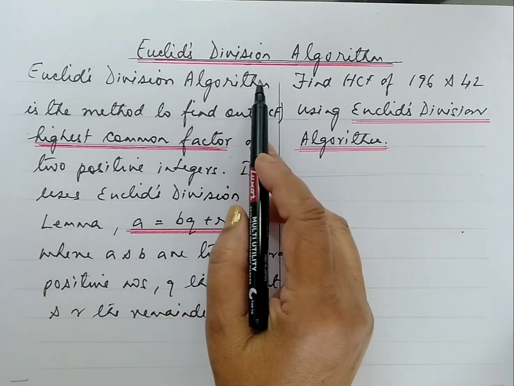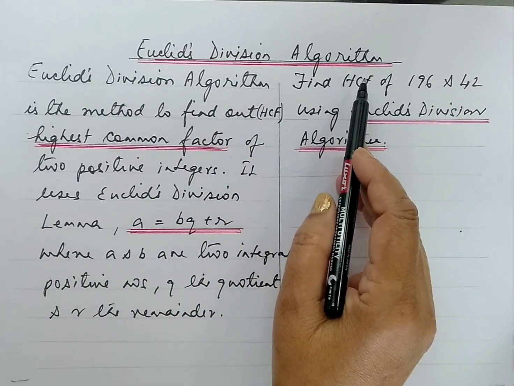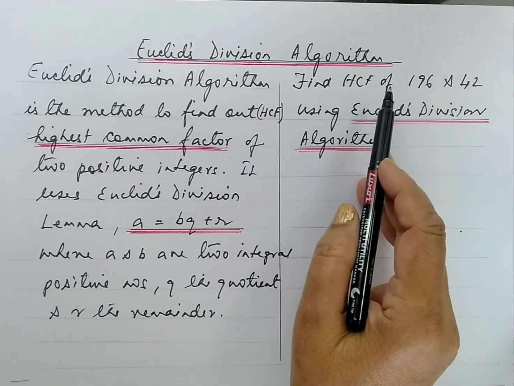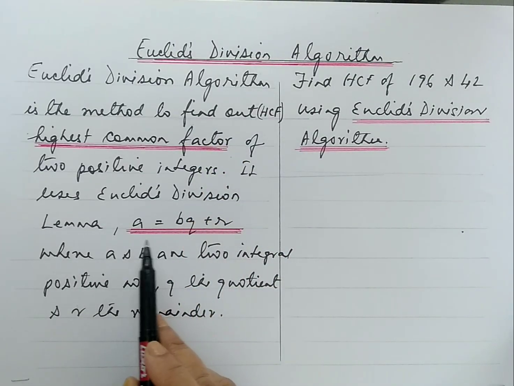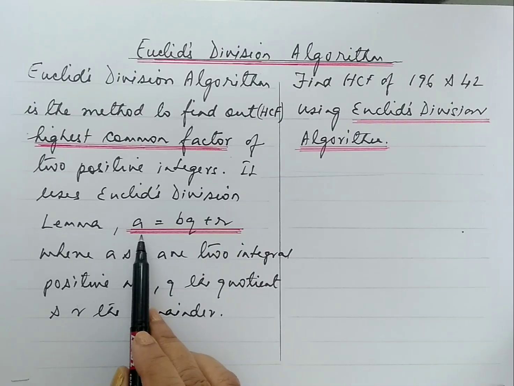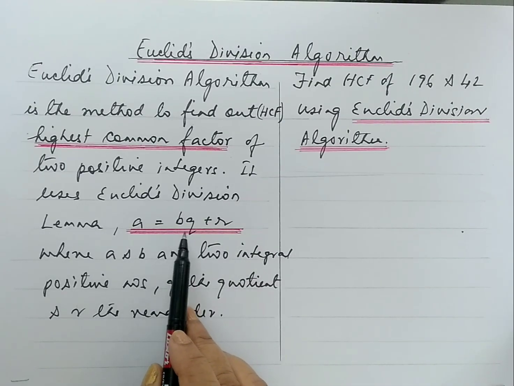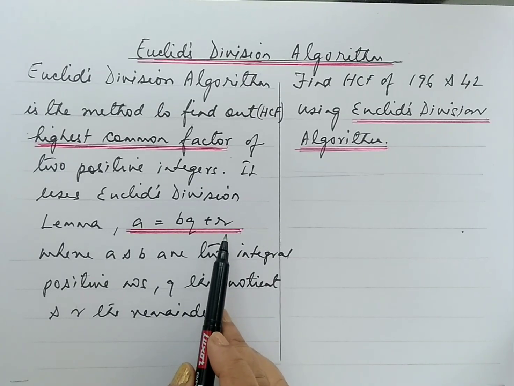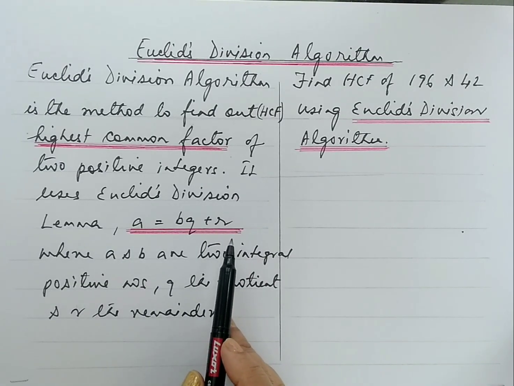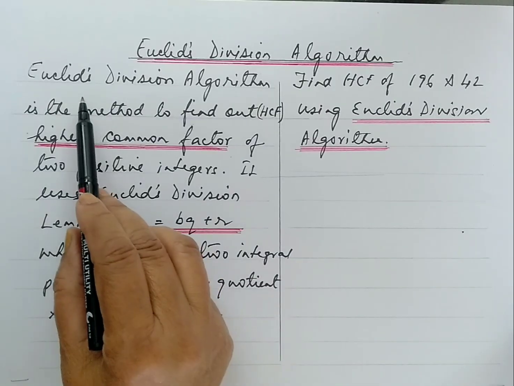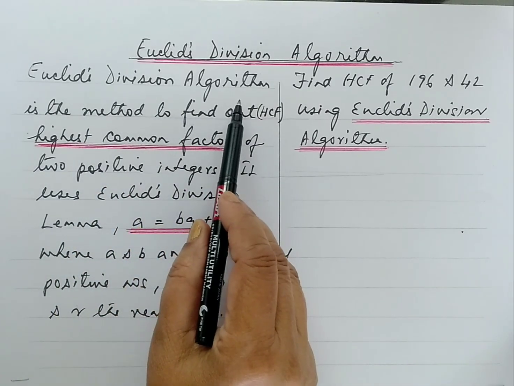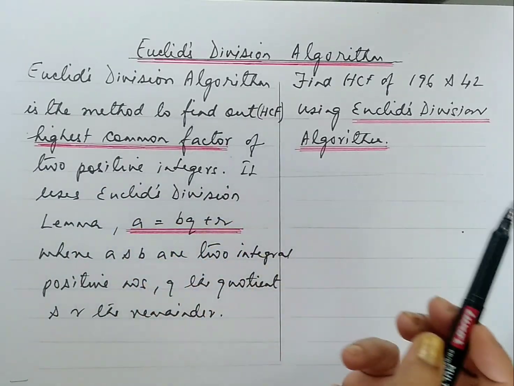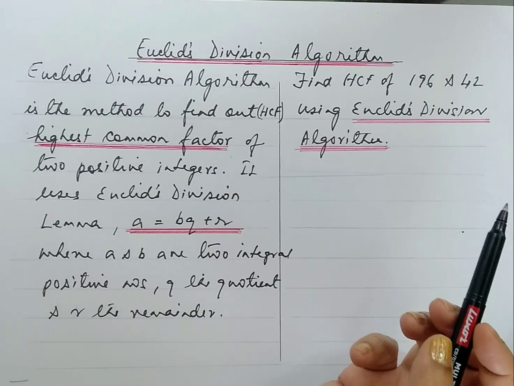Euclid's division algorithm uses the formula of the lemma. See, a equals b multiplied by q, which is the quotient, plus the remainder. Once again, let me repeat. Euclid's division algorithm is a way to find the HCF, highest common factor.